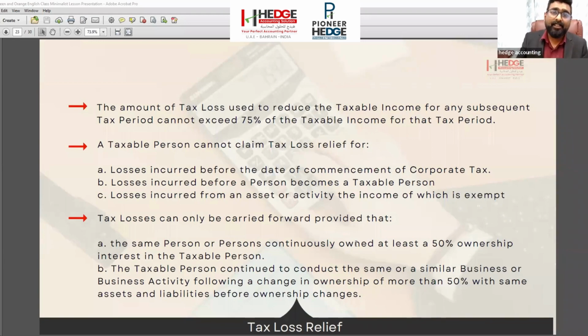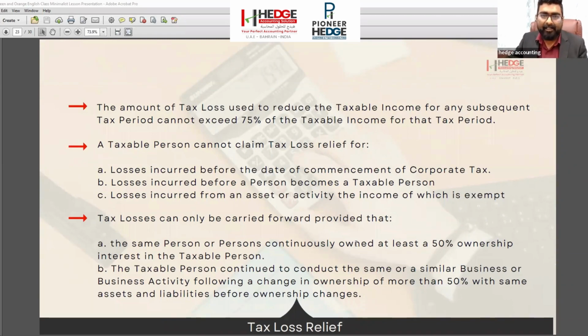If the change of ownership is above 50% substantial interest, and the same activity is continued, for example, an institute activity is carried on, or the same contracting activity is carried on, or tax consultancy services are carried on, then if there is any previous loss, we can claim it in the current year.